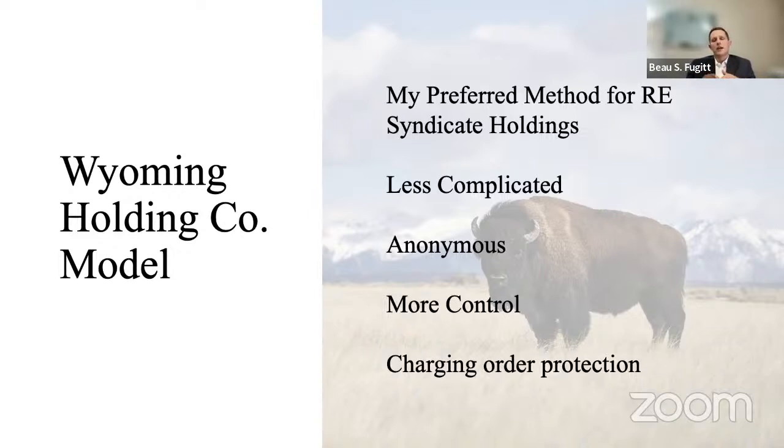Also, LLCs are generally very flexible. LLCs are a product of state law, so they're going to vary state by state, which is why I have picked Wyoming as my favorite. But generally they are more flexible than corporations.